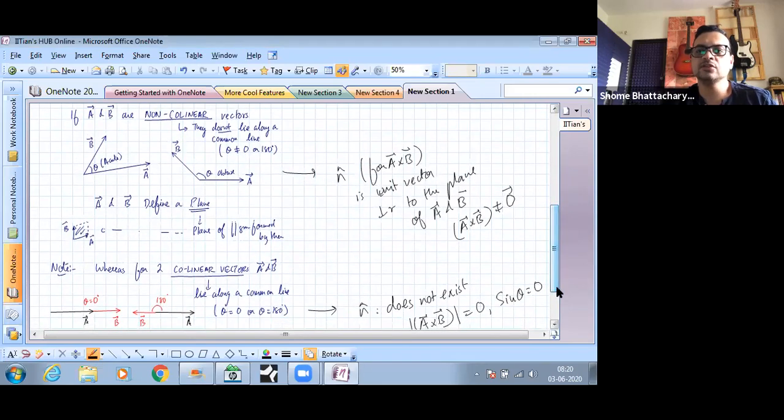Let us first understand the concept of non-collinear versus collinear vectors.